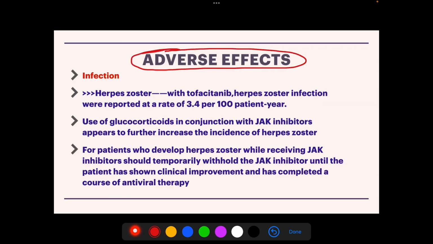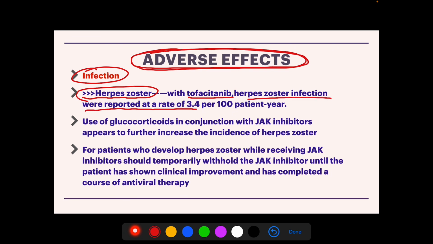Now, the important topic is adverse events of the JAK inhibitors. First is infection. Common is herpes zoster. With Tofacitinib, herpes zoster infections were reported at a rate of 3.4 per 100 patients per year. Use of glucocorticoids in conjunction with JAK inhibitors appears to further increase the incidence of herpes.